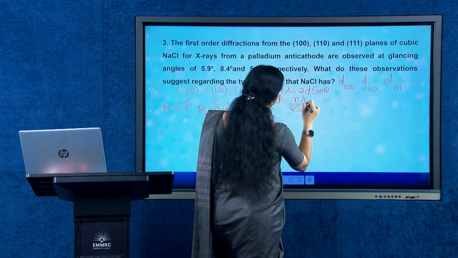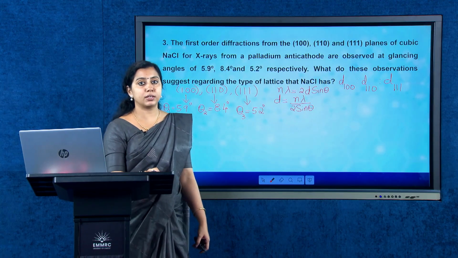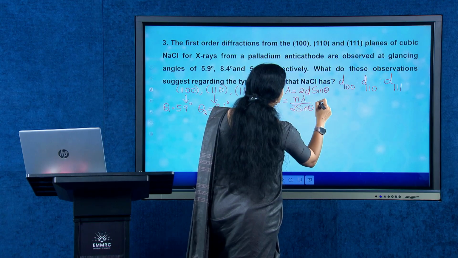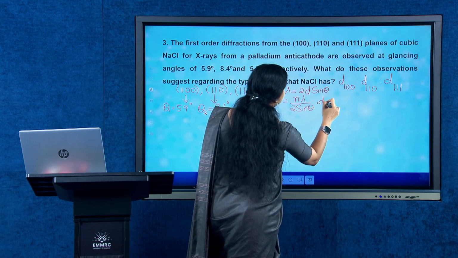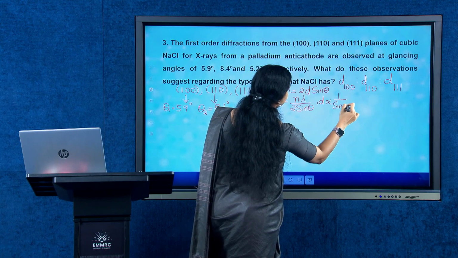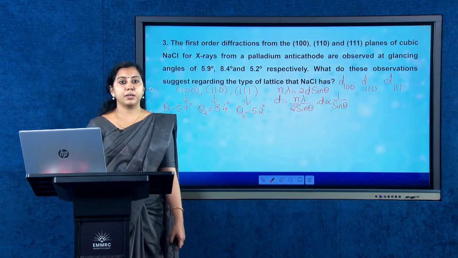If the order of diffraction n and the wavelength of the X-rays used are constant, then d is proportional to 1 by sin theta.